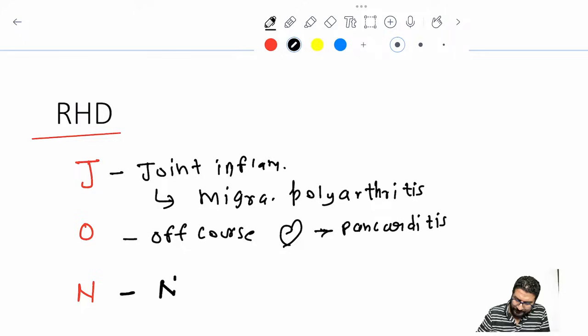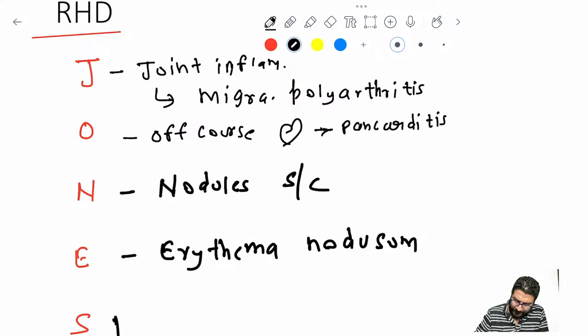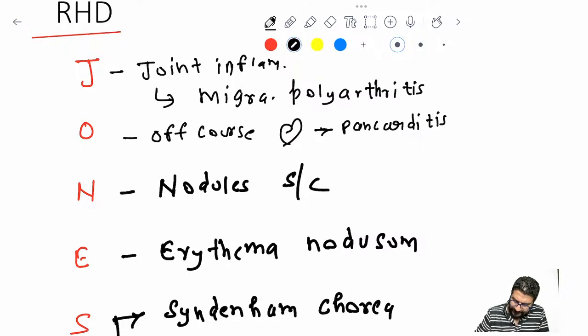N for nodules. These nodules are subcutaneous. E for erythema marginatum. With S we have two things. With S we have Sydenham chorea. And with S what we have?